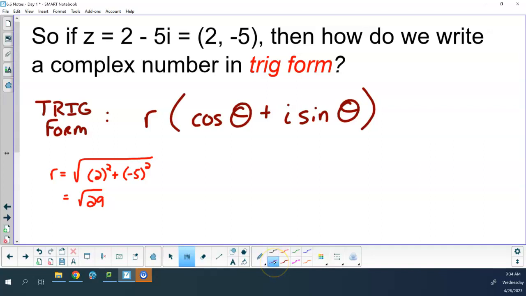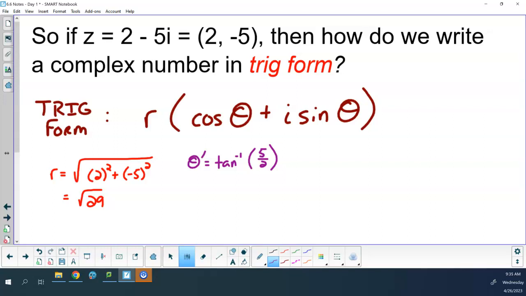Okay? Theta prime then is going to be the inverse tangent of 5/2. What is the inverse tangent of 5/2? Anyone, inverse tangent of 5/2 in degrees.